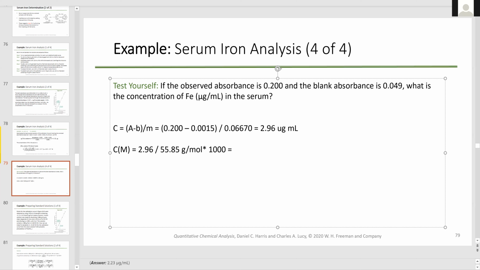That's a large value. No, this is 10 to the minus 6.